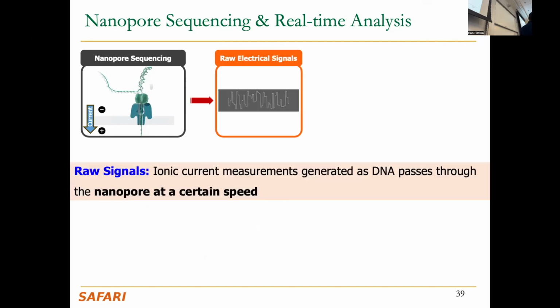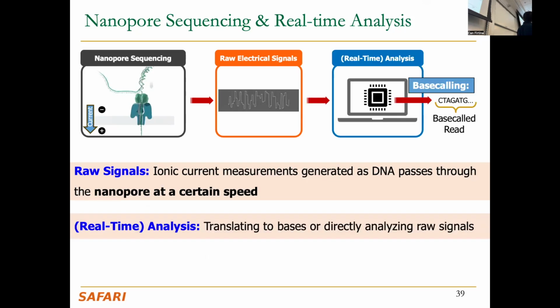And as it moves through, it creates ionic current disruptions over there. These disruptions are measured and reported as electrical signals. And these disruptions are significant enough for us to tell each base, each nucleotide in this DNA molecule, so that these electrical signals are then analyzed.